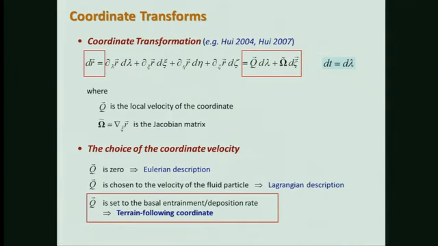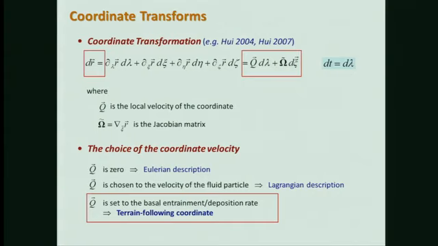And in this transformation, we have the freedom to choose the coordinate velocity. If we choose capital Q equal to 0, we obtain the Eulerian description. If we choose Q equal to the fluid velocity, it's the Lagrangian description.